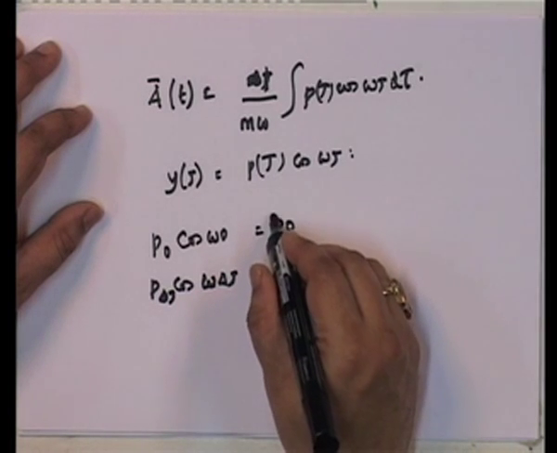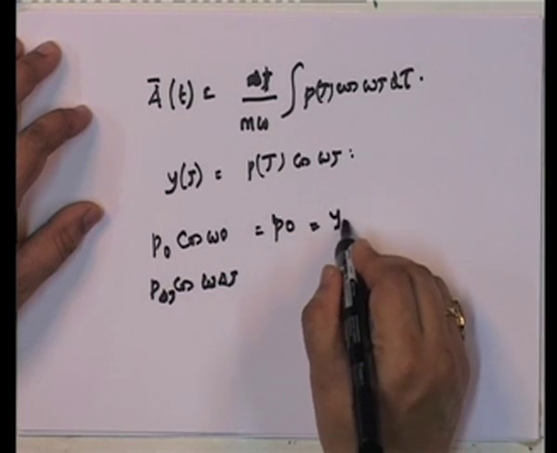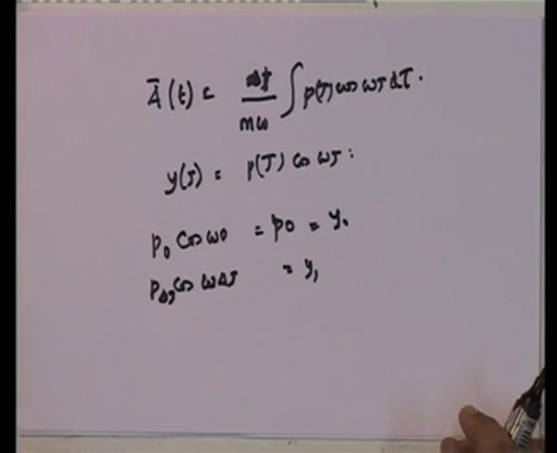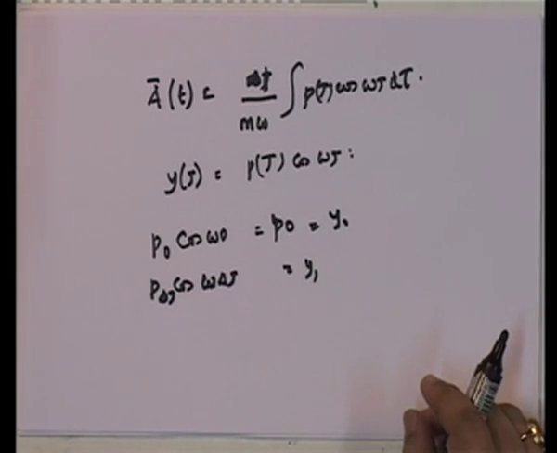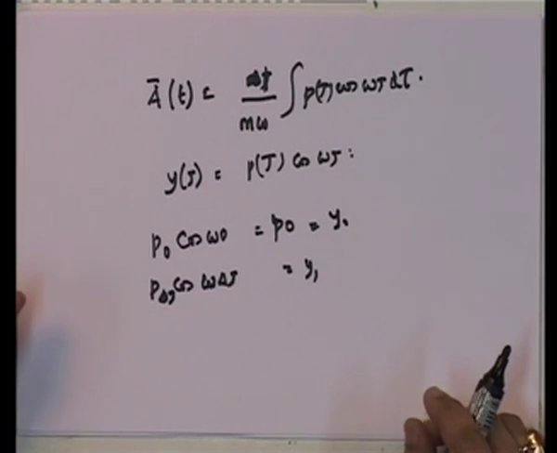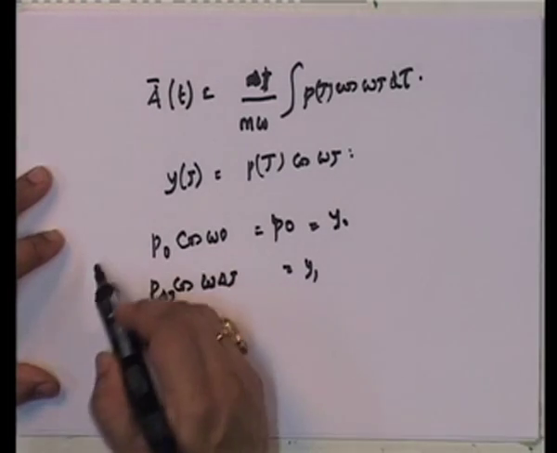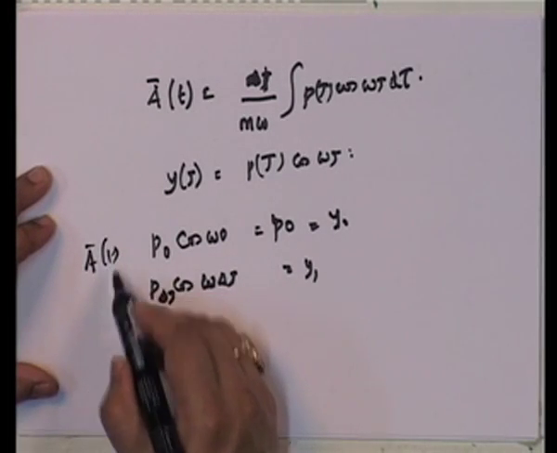So this is y 0, this is y 1, and in this fashion you can continue calculating, using any of the rules that you require. That is all there is to it. This is of course for a bar.